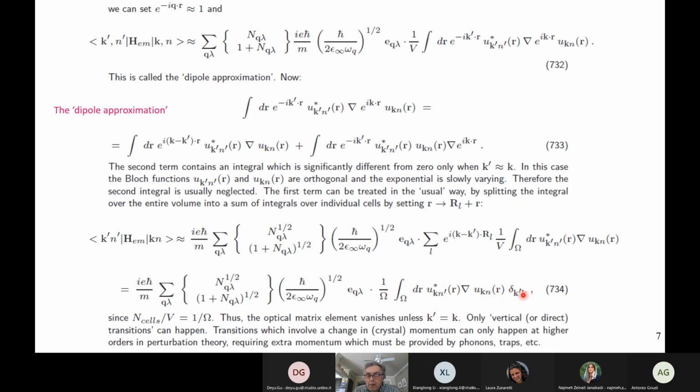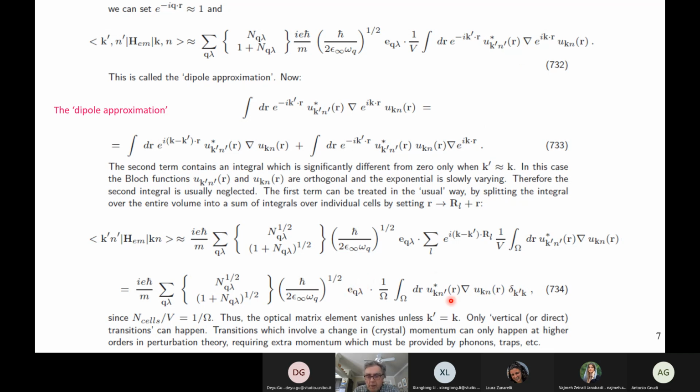And again, we get a momentum conservation having done this integration over here, because we have assumed vertical transitions. So the integral over r of the two exponentials gives us a delta function. This is equivalent to saying that the transitions are vertical.